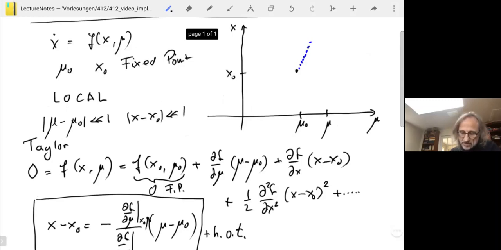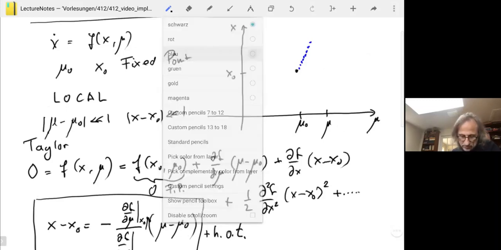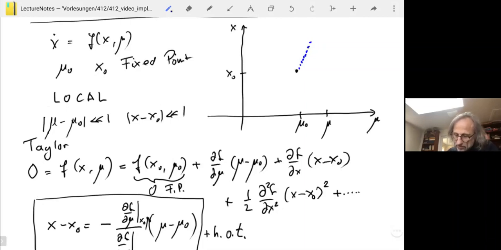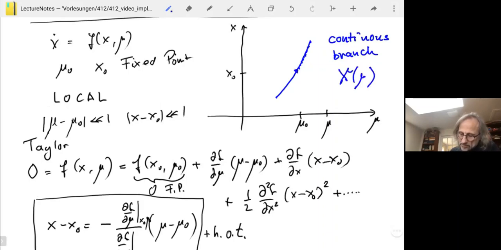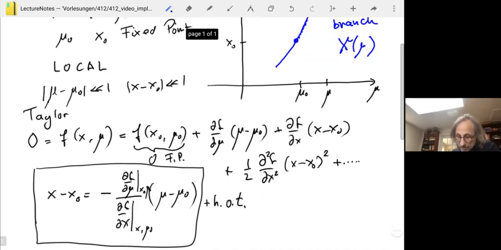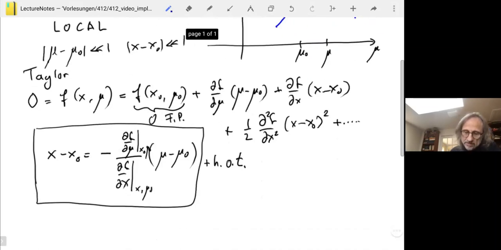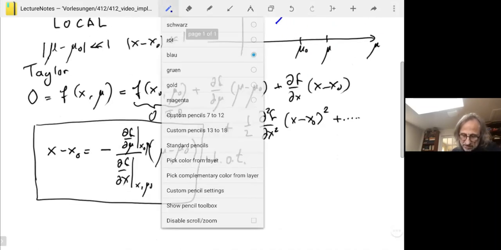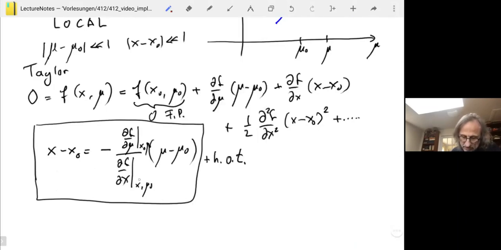Let's draw that. So as we change mu, we go through that fixed point, something like that. And there is a continuous branch, which we could call capital X of mu, which goes through this fixed point that we started with. And the important part is, this is the case if this term here is not zero.